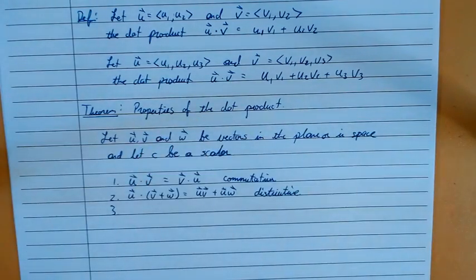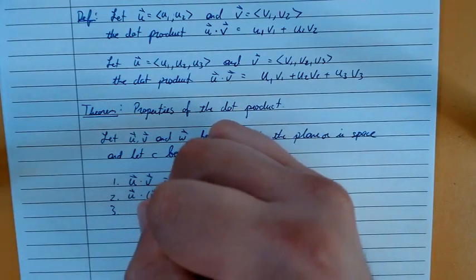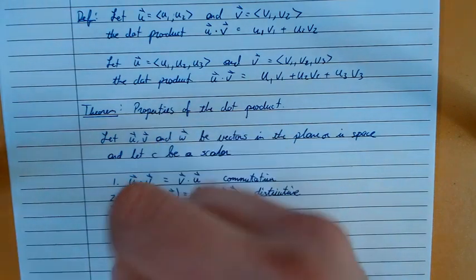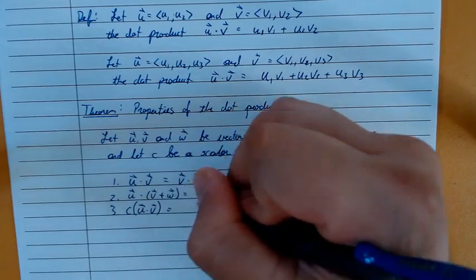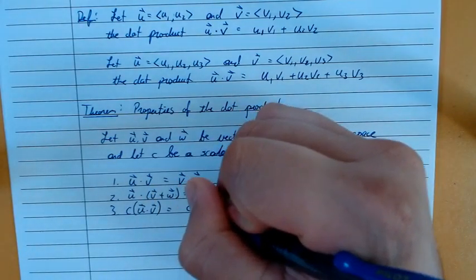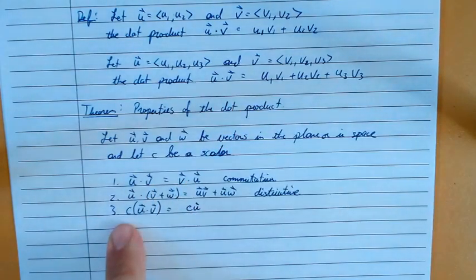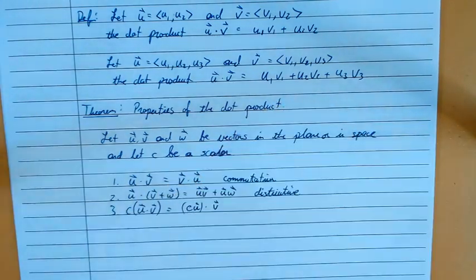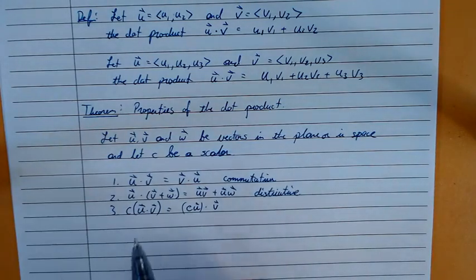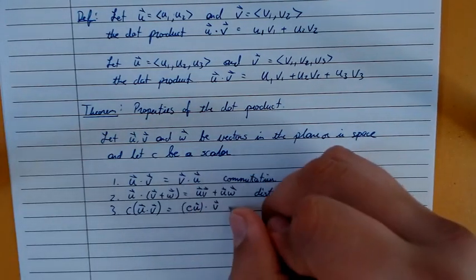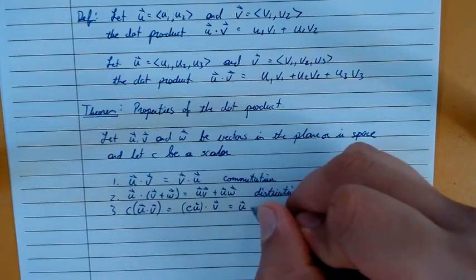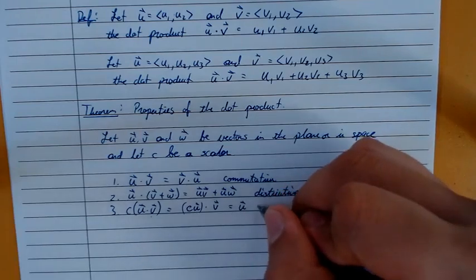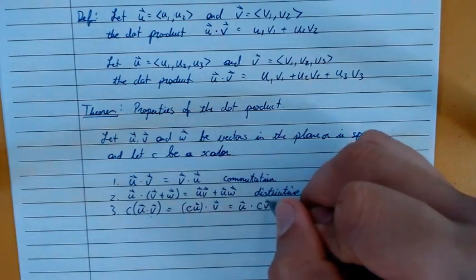You also have, say you're multiplying two vectors together this way, and you multiply that result by a scalar. That's the same as if you were to first multiply together your scalar times your first vector, and then take the dot product with your second vector. And that can be brought over, and you can say, okay, that constant can be multiplied times the V instead of the U, and then you can take the dot product of those.